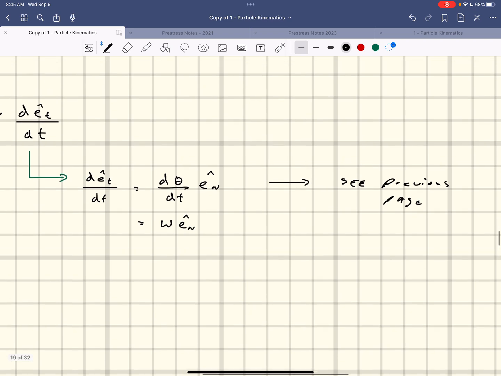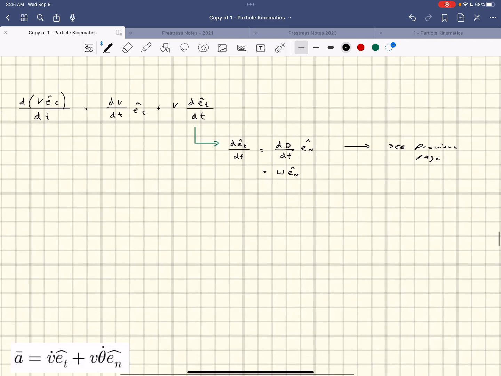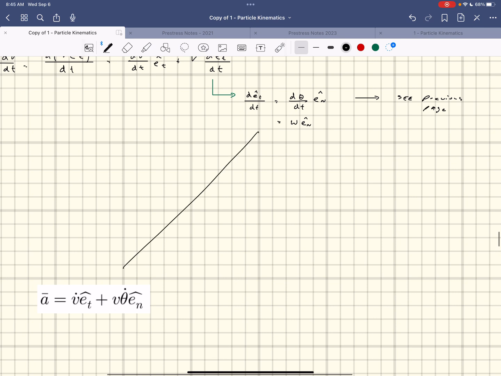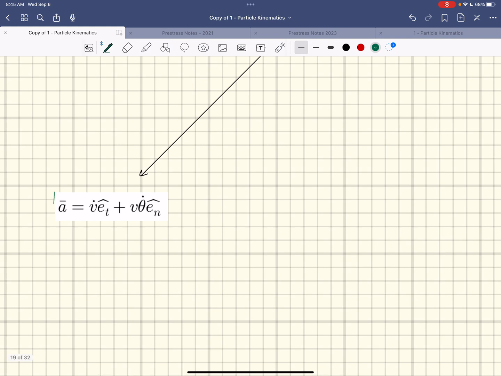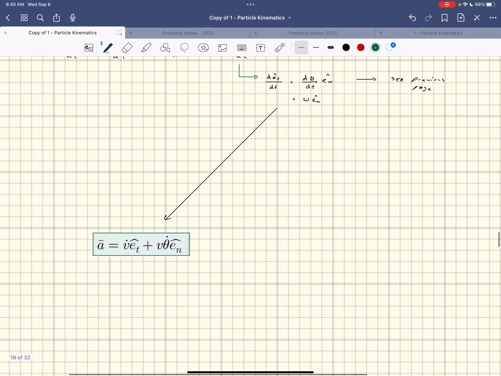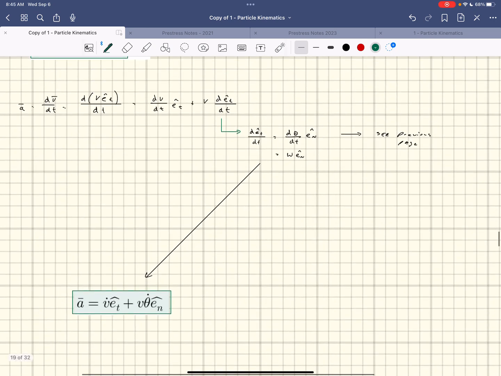So if you take this and substitute it in up above, you get this thing. I guess I should point out up here, this is just v dot.